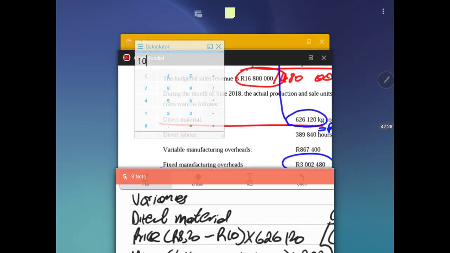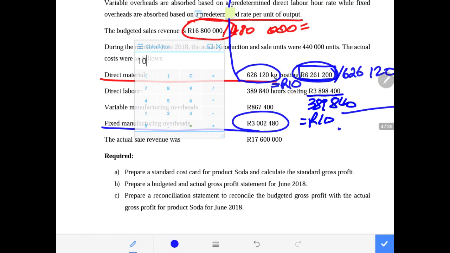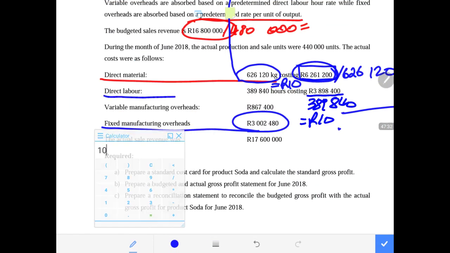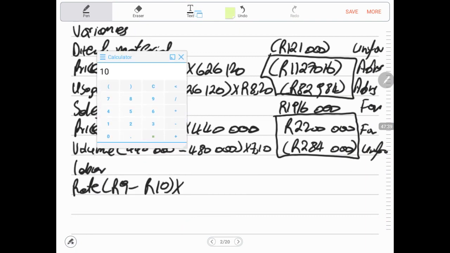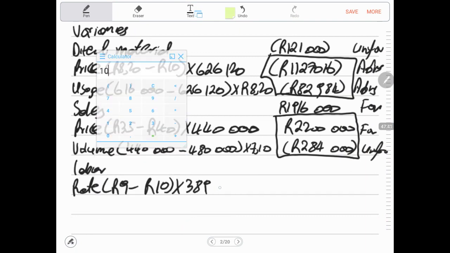And our actual labor hours in total are already calculated as 389,840. This variance will be unfavorable. We spent more than we anticipated.